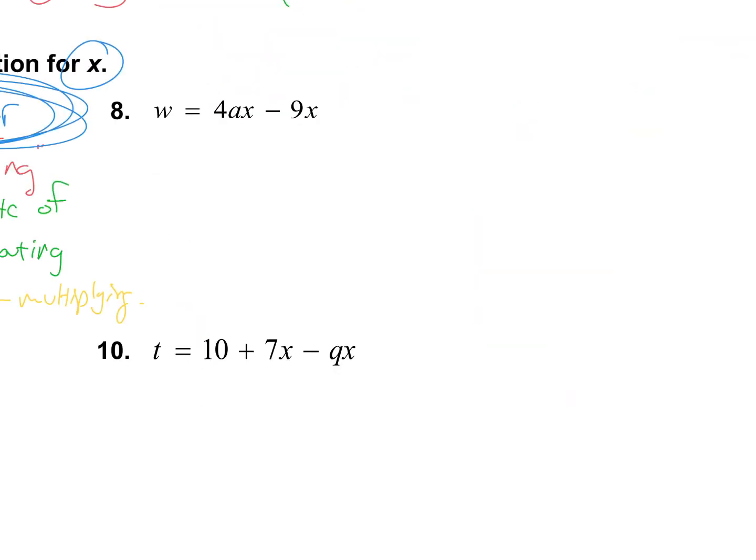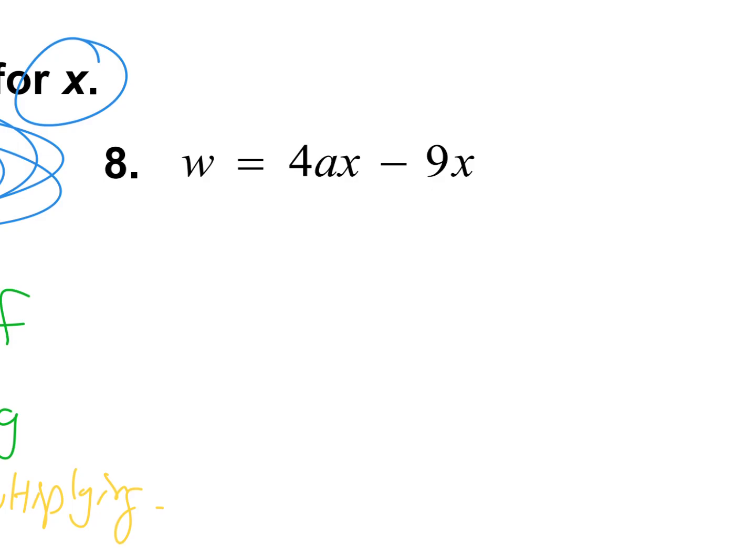Solving for x, the same thing is going to happen this time. This term has an x, this term has an x. They both have that x in common. Those are quotation marks, so I'm like saying these terms have x in common. So I'm going to factor out that common term.